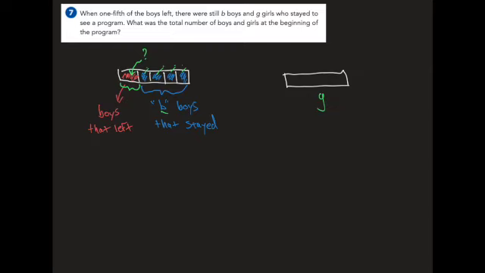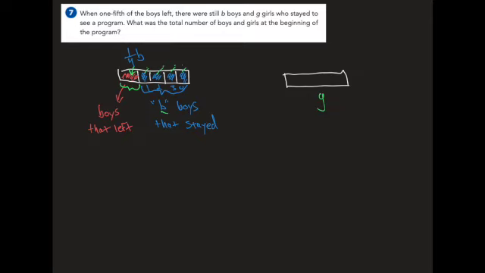While it is true that the red stands for 1/5 of the total amount of boys, if we want to put things in terms of B, because that's the only variable we have, then it's the same as 1/4 of B, because B is broken down into 1, 2, 3, 4 parts.